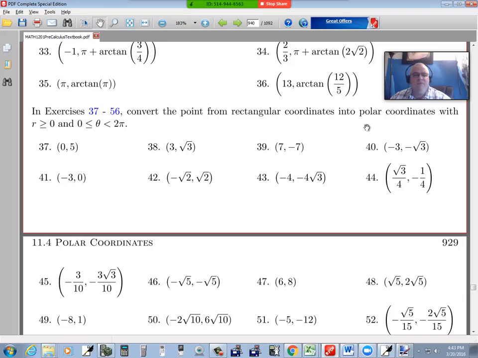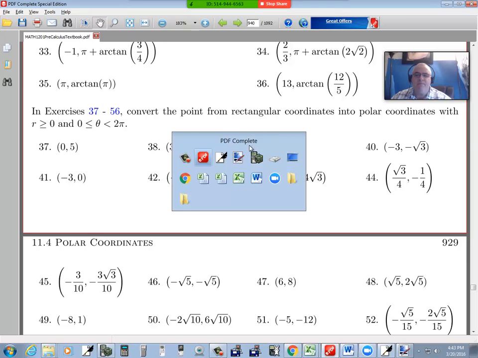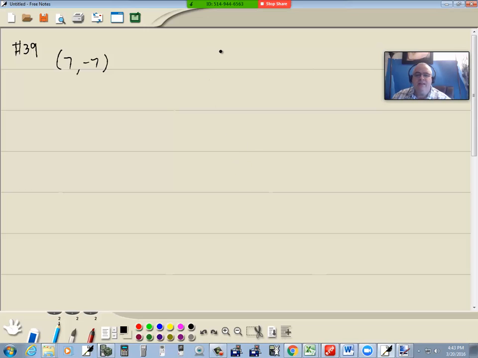Convert the point from rectangular into polar with r greater than or equal to 0 and theta between 0 and 2 pi. Okay, let's graph this first to see what we're talking about. 7 is right here, negative 7 would be right here. So 7, negative 7 is right there. Okay, keep that in mind.